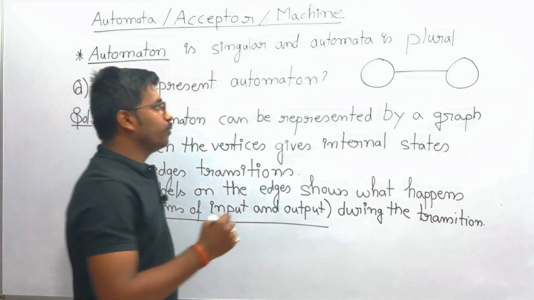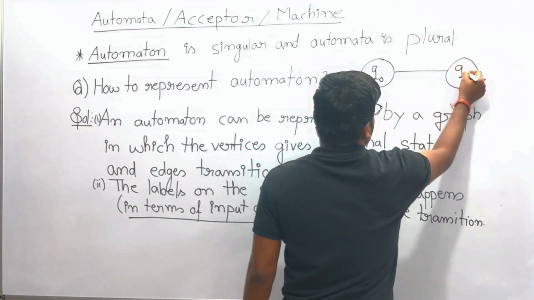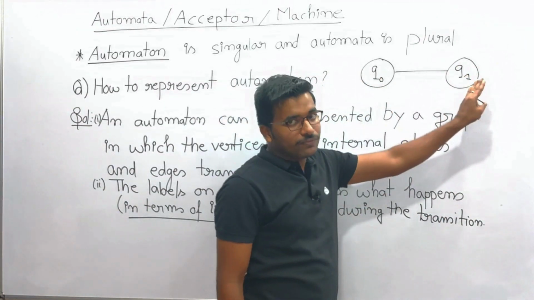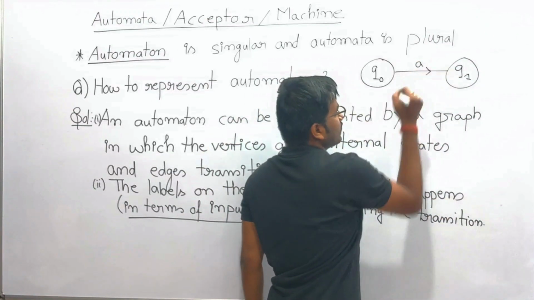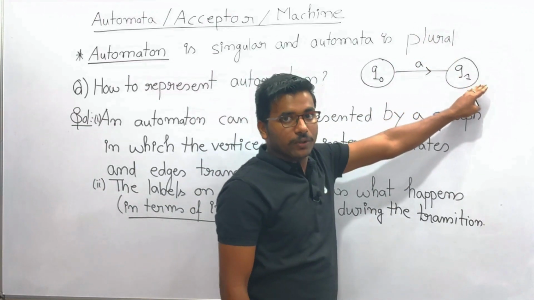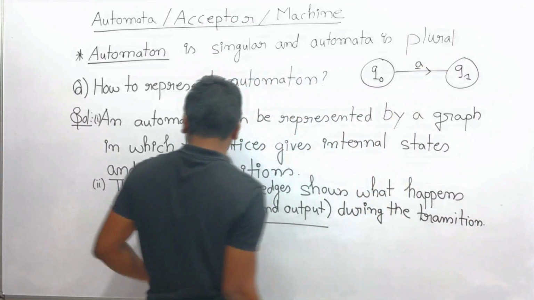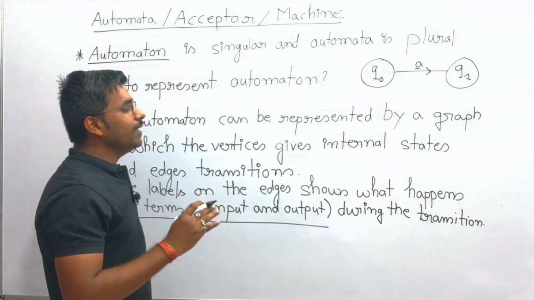Let us assume the names of the states are Q0 and Q1. Q0 is one state, Q1 is one state. Now if I write the label A here and draw this arrow, it means Q0, by getting the input A, goes to Q1. The label on the edges shows what happens in terms of input and output during the transition.